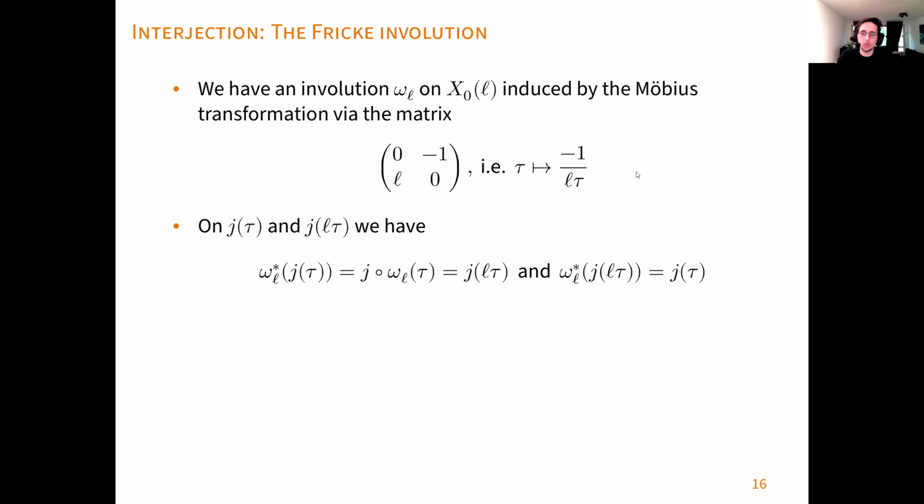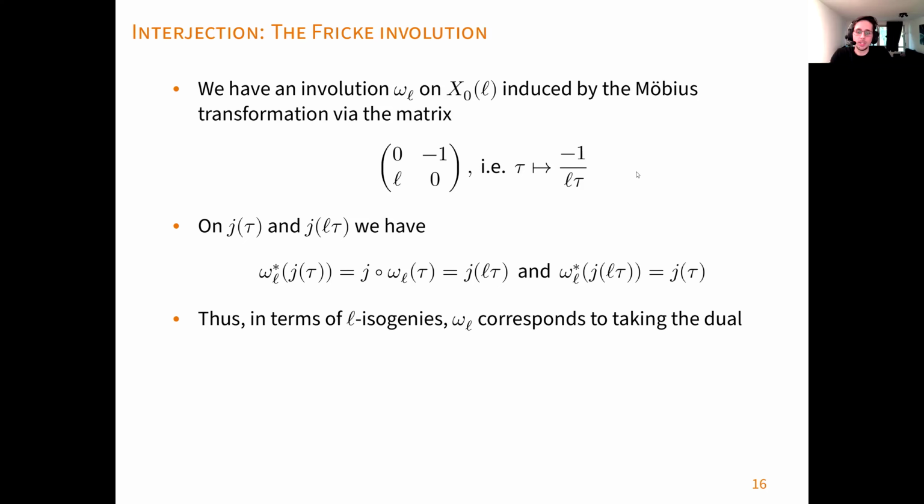And since it's an involution, applying it to j l tau gives us j tau again. So in terms of these two modular functions, it just switches them; it acts like a transposition. And if you recall what these functions mean in terms of l-isogenies, then we see that this Fricke involution corresponds to taking the dual of the l-isogenies that are parameterized by X_0(l).